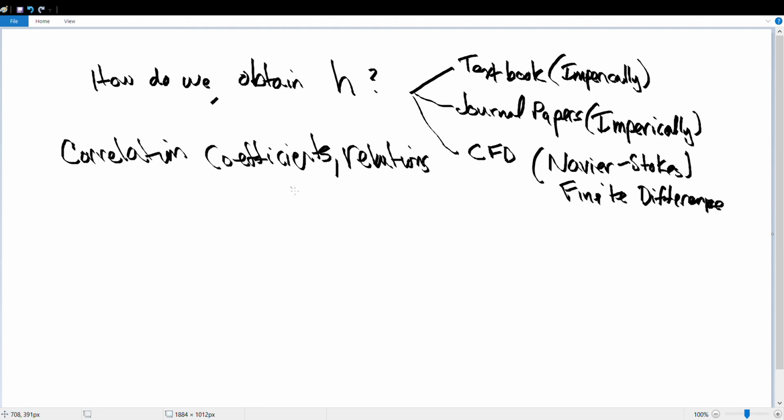And this is where you're going to run across numbers. For example, you're going to need to know what the Reynolds number is. You need to know what the Prandtl number is. And there's one important number called the Nusselt number.